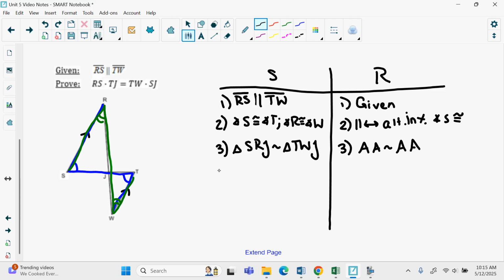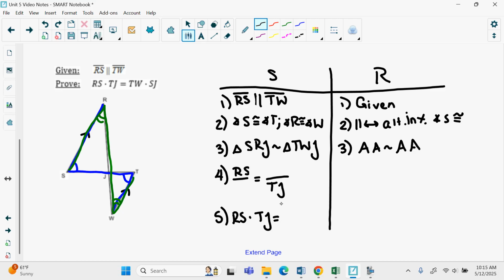So I know that when I've got similarity, my sides are going to be proportional. So I've got RS and TJ. And because those guys are going to be multiplied together, I know that they actually need to be diagonal from one another in my proportion, because that's how I'm going to get them to be multiplied together in the next step.